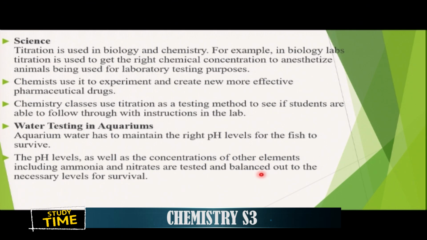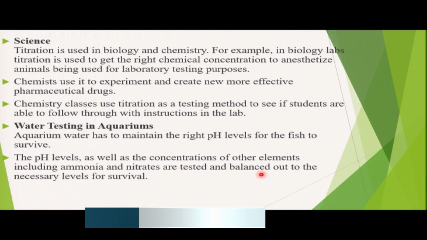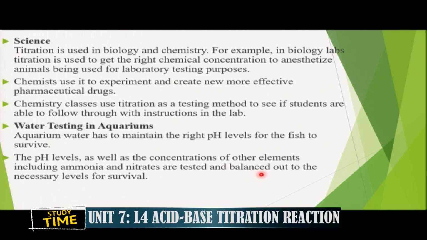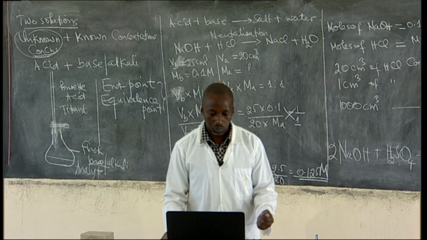There are so many of them. These are some of them that I've been able to look at, but it is a wide range of life situations where the application of these titration reactions take place.